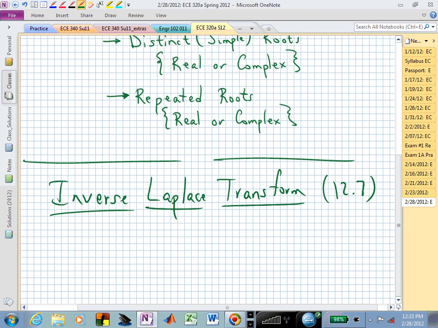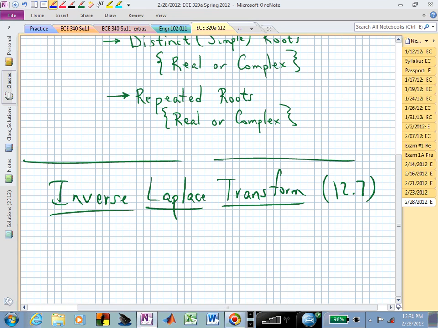Again, this is section 7 in chapter 12, and hopefully it's clear why we want to be able to do this. We now are going to be able to solve circuit problems in the frequency domain, and we will end up with expressions for voltages and currents that are Laplace transforms of those quantities, and we want to get it back into the time domain, meaning we need to obtain the inverse Laplace transform of all of these expressions.